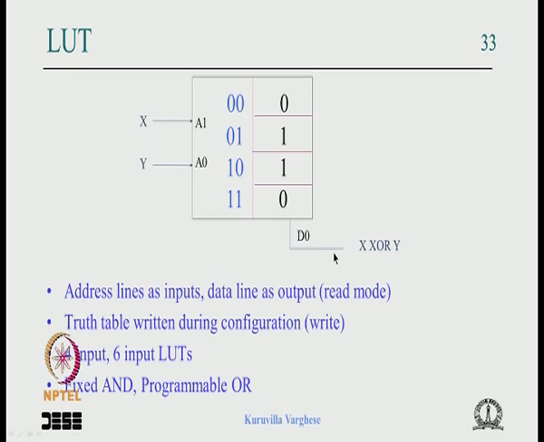That's as simple as it is. One advantage is that you can program any function of 2 variables. It is so flexible that if you want to implement AND or XOR, NOR, everything is possible. That is the kind of flexibility of the lookup table.